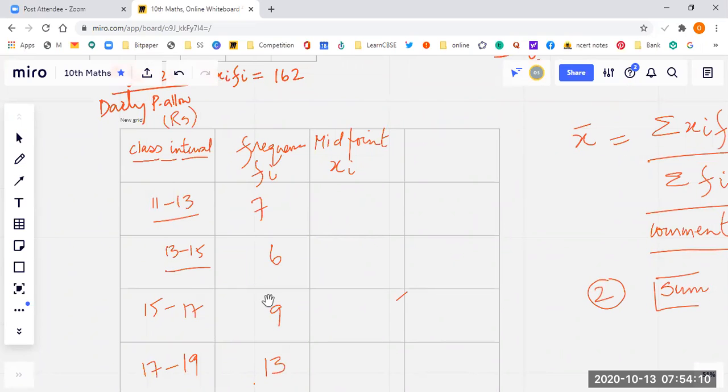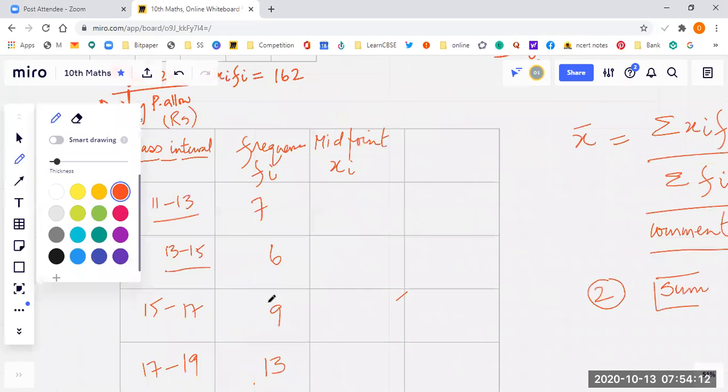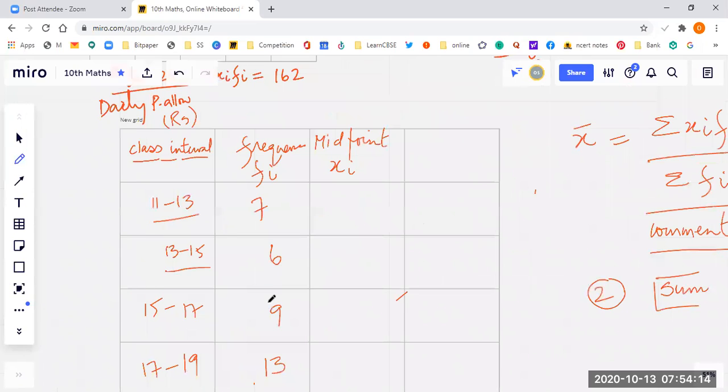What is the midpoint of 11 and 13? Very simple. Take the lower limit 11 plus the upper limit 13, divided by 2. So this is 24 divided by 2, that is equal to 12. We know that the midpoint of 11 and 13 is 12.